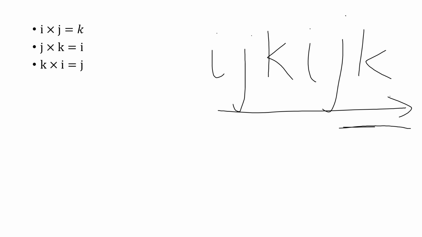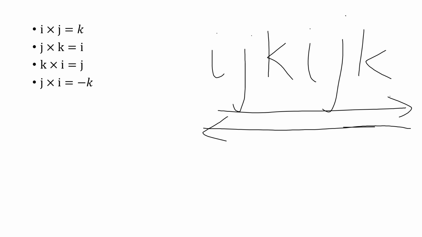But if we are coming back in this way, let's see what happens. What will K times J be? What will J times I be? We want to find out all that. So for vectors, when we are doing a cross product, it's not like scalar product where it is commutative.